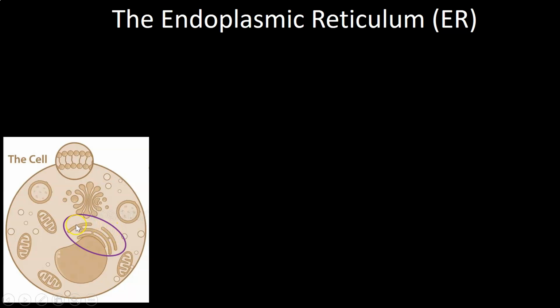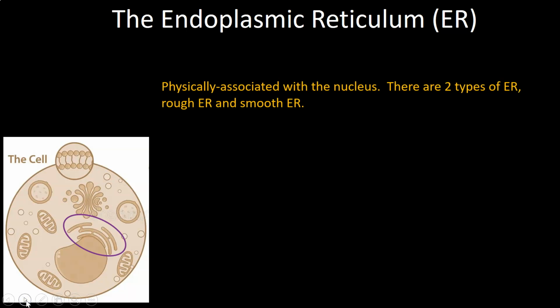Most of the endoplasmic reticulum is very close to the nucleus. It's physically associated with the nucleus. There are two types of endoplasmic reticulum. One type we call rough, and the other type we call smooth. So rough endoplasmic reticulum and smooth endoplasmic reticulum.